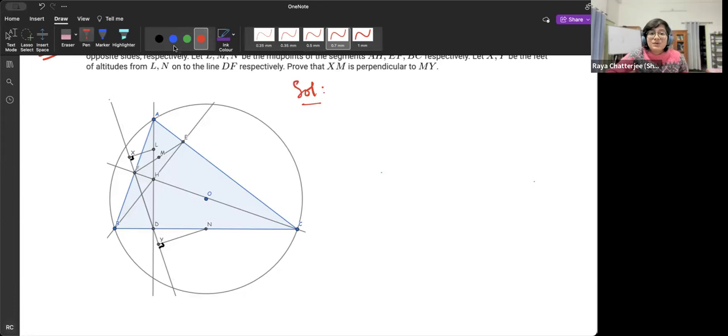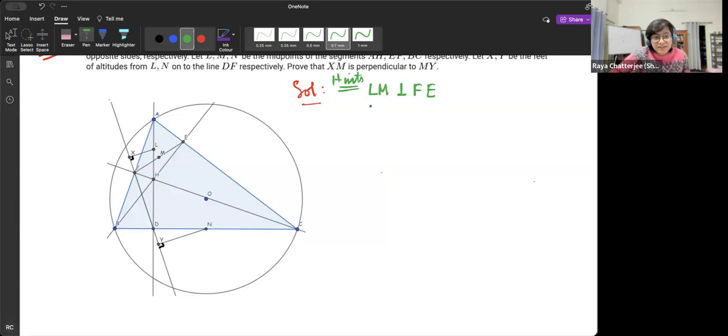Okay. So let me give you some ideas on what we can try to show in order to proceed with the problem. The first thing we can try to do is show that LM is somehow perpendicular to FE. Like these are the hints, right? LM is perpendicular to FE.